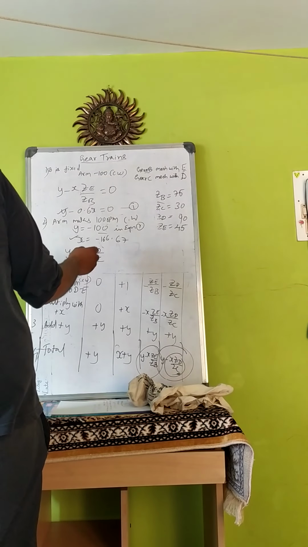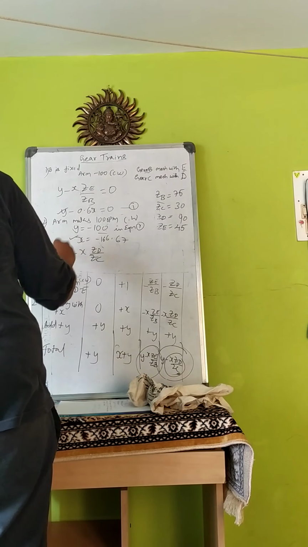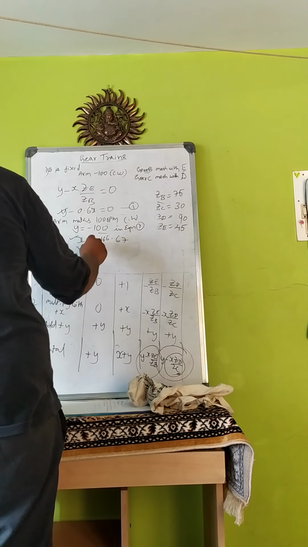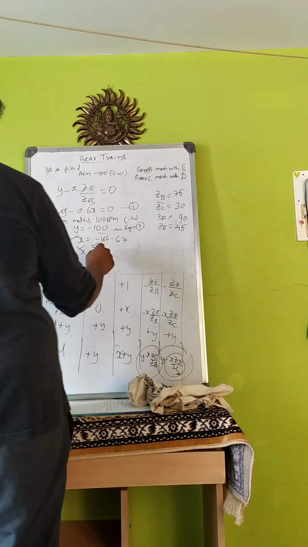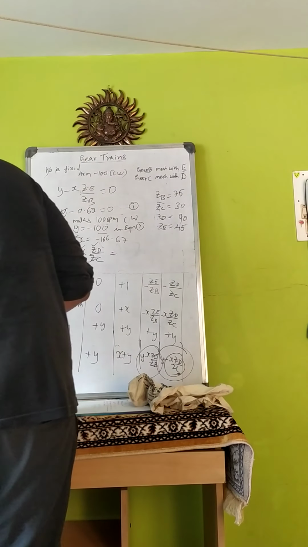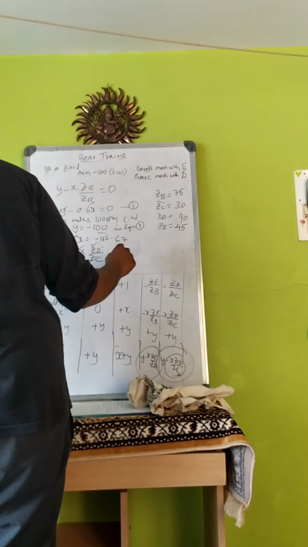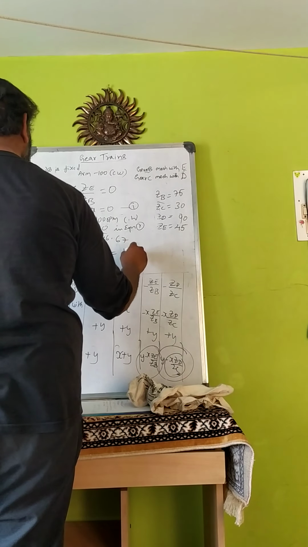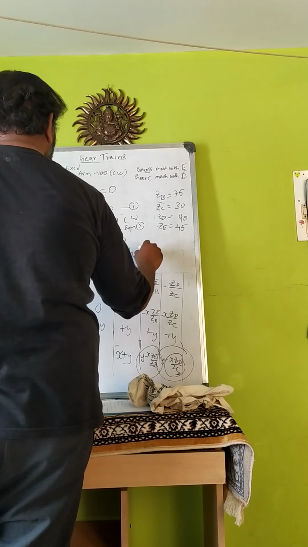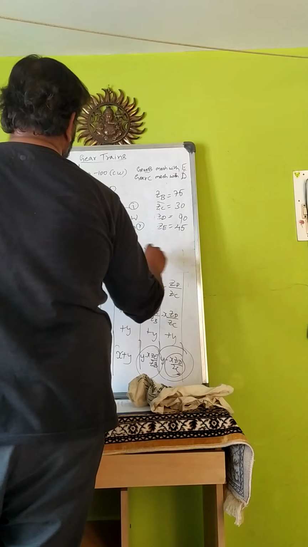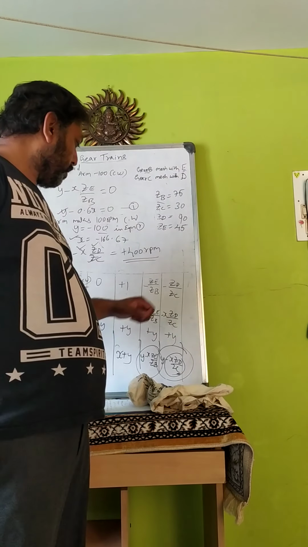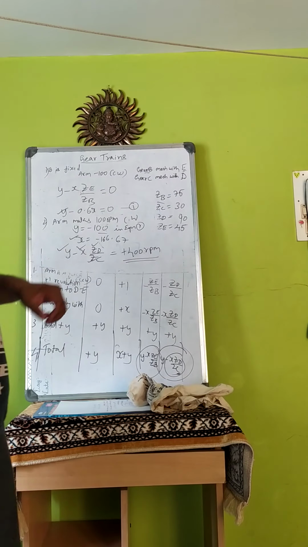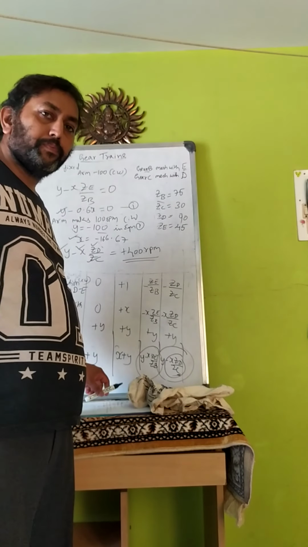All the terms are known: Y we know, X we know, ZD is known, and ZC is also known. If you substitute all these values, you will get plus 400 RPM. Okay, so this table itself will give the velocity ratios.